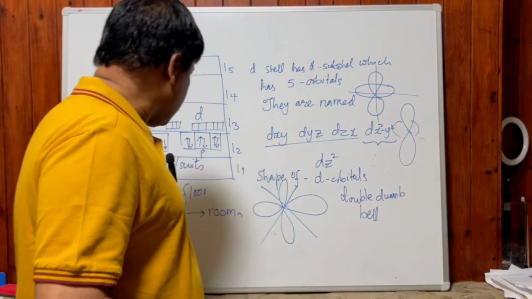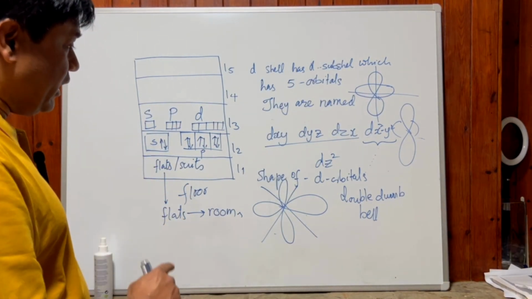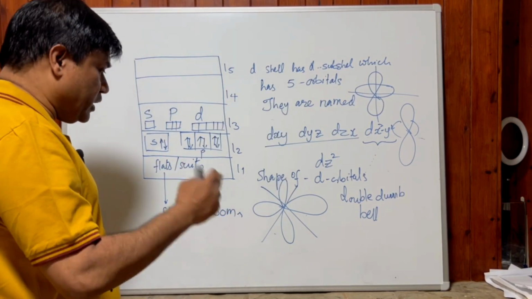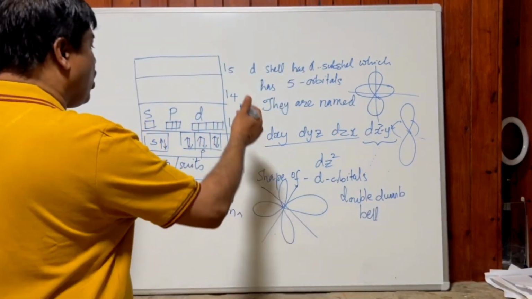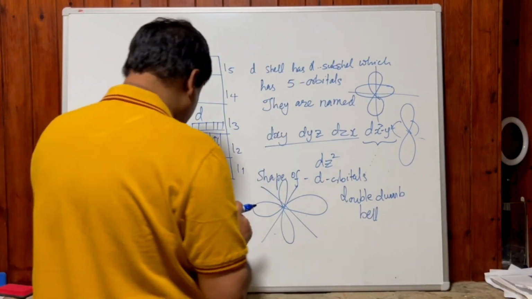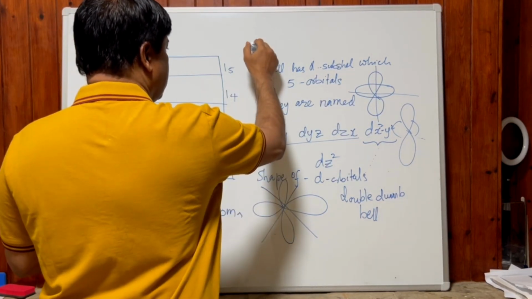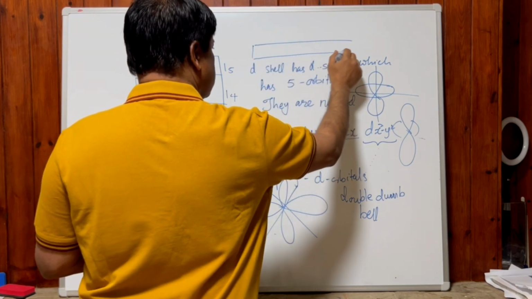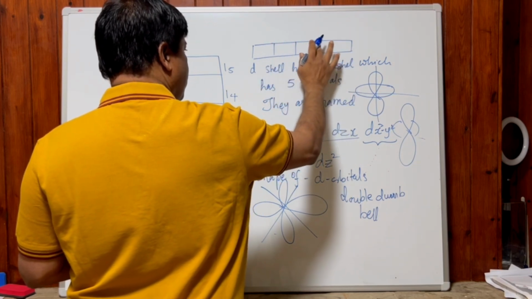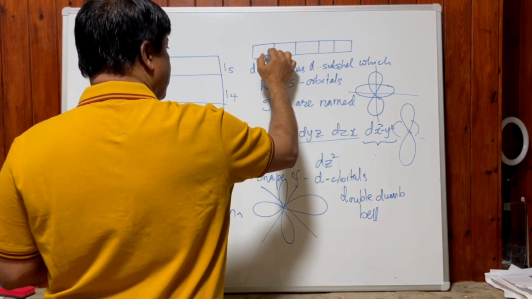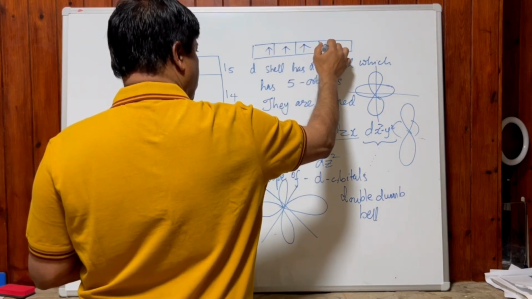That's the shape of d orbitals, and how many electrons can we fill in each orbital? The number of electrons in each orbital is minimum 1 and maximum 2. D has 5 orbitals. 1, 2, 3, 4, 5. So we can fill 1 electron, then 1 more, 1 more, 1 more, 1 more.